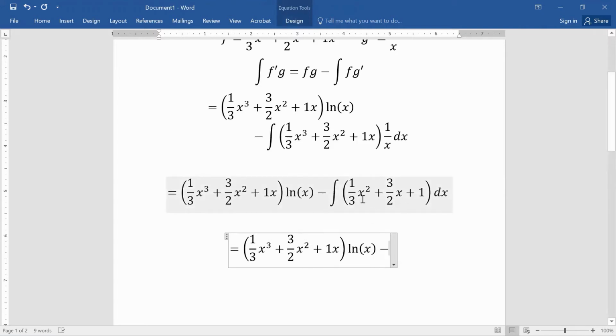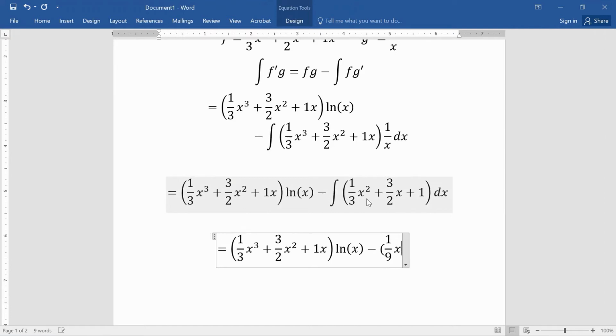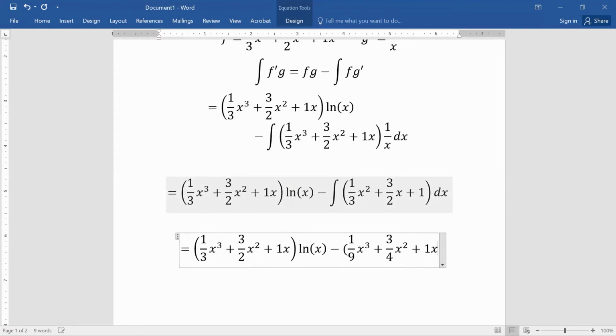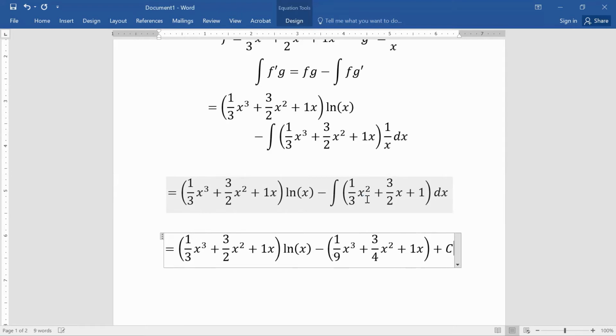So let's integrate this polynomial. It's going to be 1/9 x to the third plus 3/4 x squared plus 1x plus c. If you would like to distribute this minus sign, you could do that into all three of those terms in there. We always have to tack on that plus c.